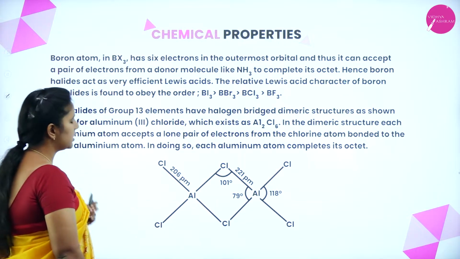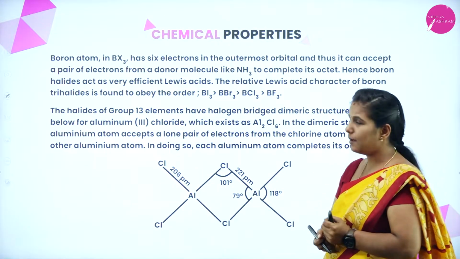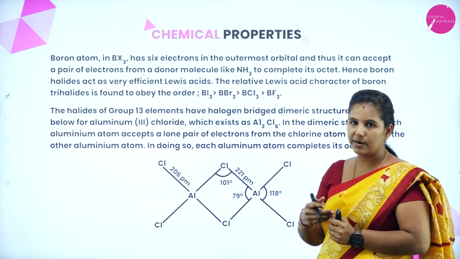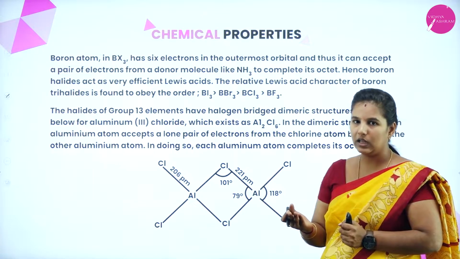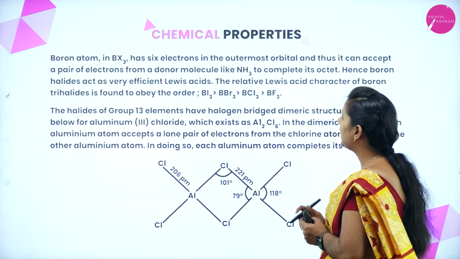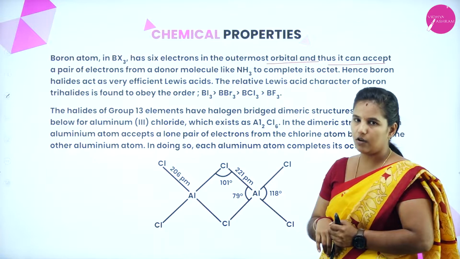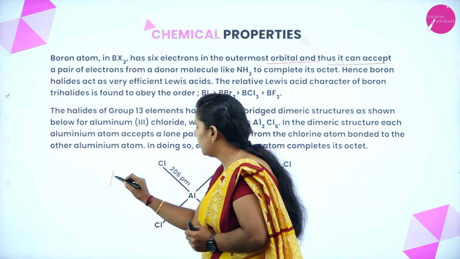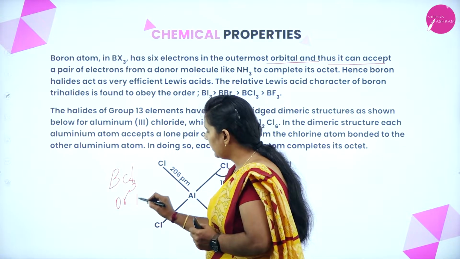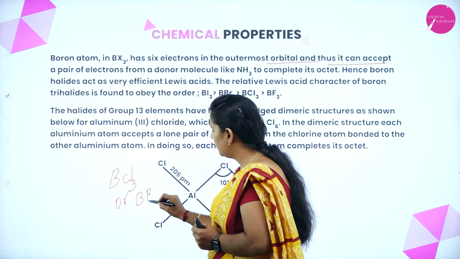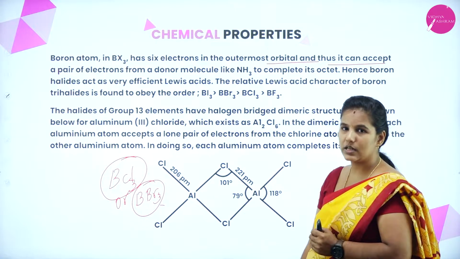Next, we have the structure of the boron halides. The boron atom in boron trihalides is generally represented as BX3, where X will be chlorine, bromine or iodine. Except fluorine, it has 6 electrons in its outermost shell, thus it can accept a pair of electrons. So in BCl3 or in BBr3, in all these, boron has 6 electrons in its outermost shell.